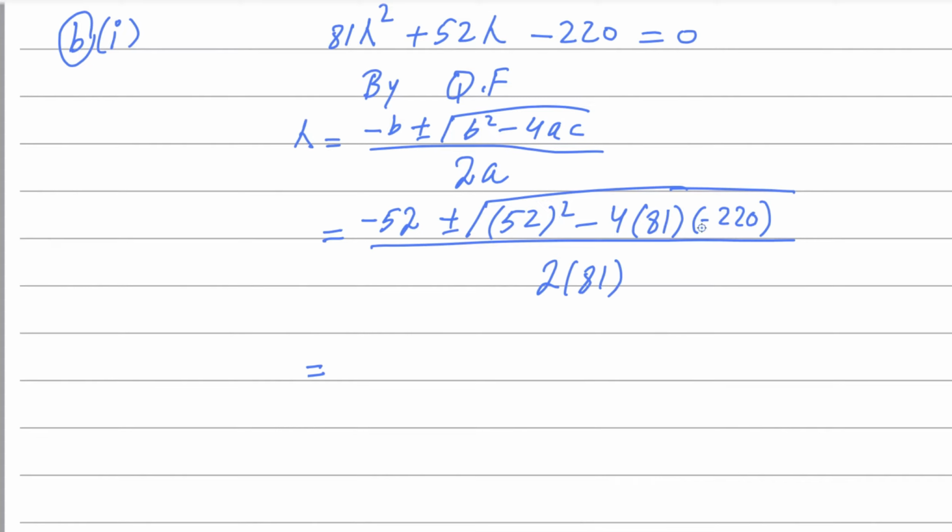You will get the answer for the square root part, that is equal to 272. Minus 52 plus 272, divided by 2 multiplied by 81 is 162. Like this you will get two answers for it.